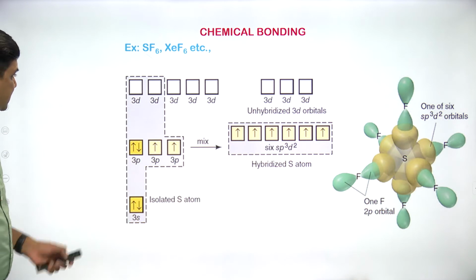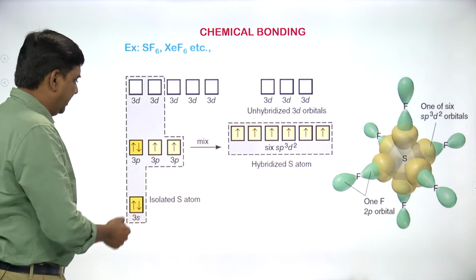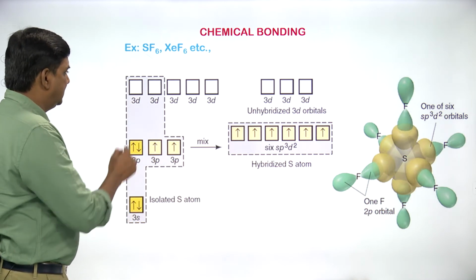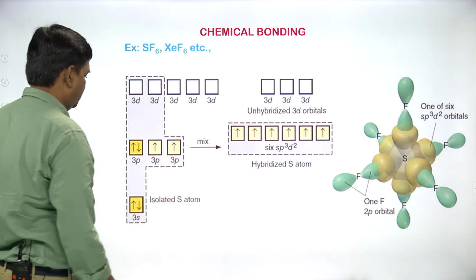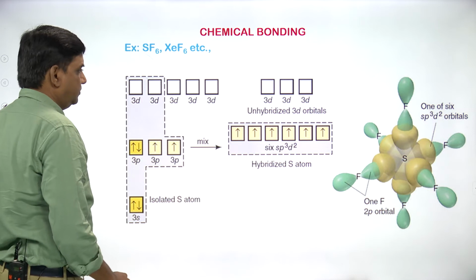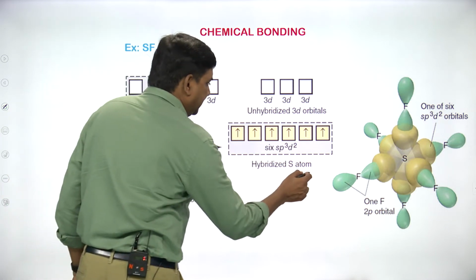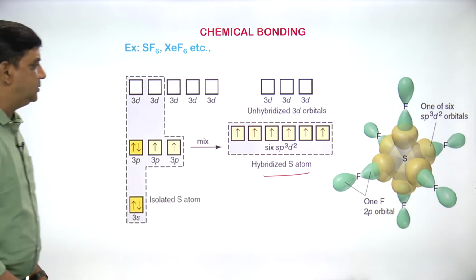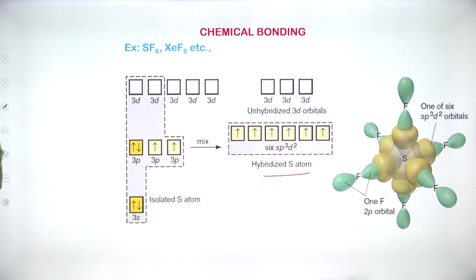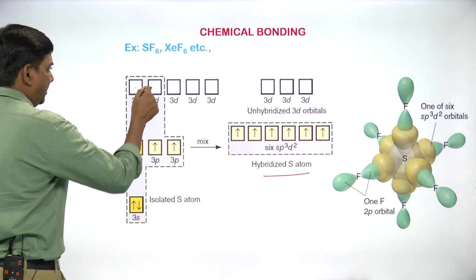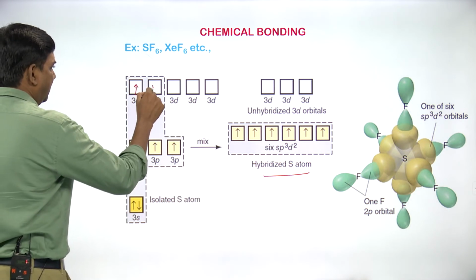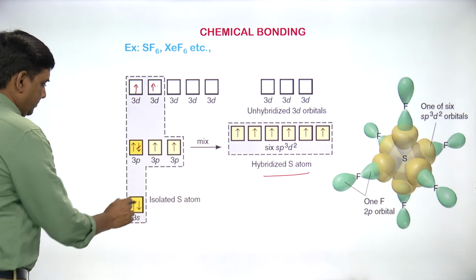Formation of SF6. See, 3s, 3p and 3d, sp3d2 hybridization. Actually it undergoes the excited state. This electron will go here, this electron will go here. Here you have one electron, here you have one electron.